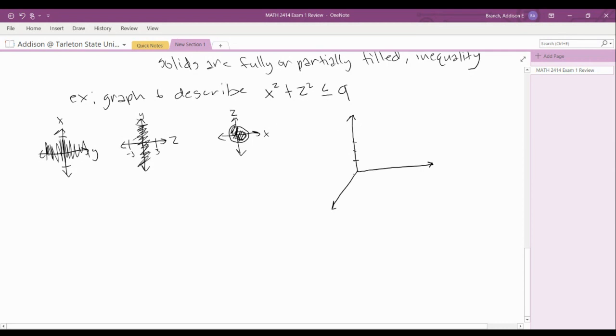So 1, 2, 3, 1, 2, 3, 1, 2, 3, and 1, 2, 3. So we're going to kind of draw our little circle in like this. And then we know that it's going to keep traveling along our y direction.